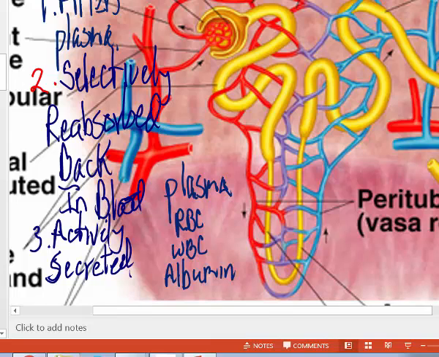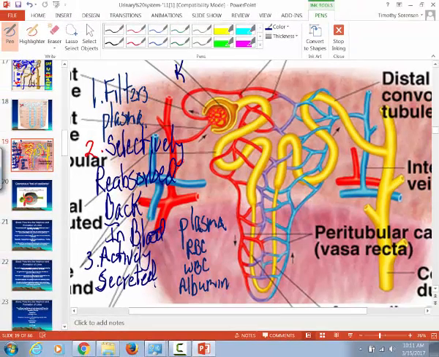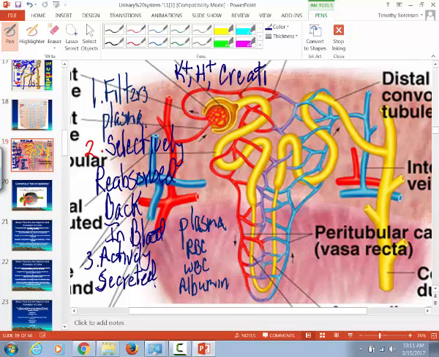They can't get filtered out, but you have to get rid of them, so you have to actively pump them out of the blood. The things that have to be secreted from the blood into what's soon to be urine are potassium, hydrogen, and creatinine.